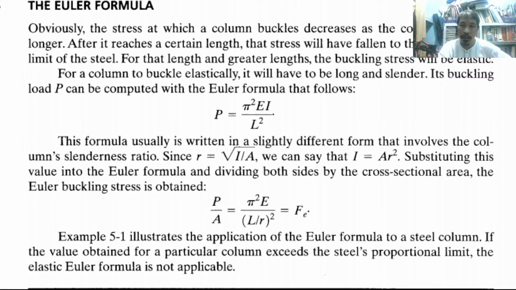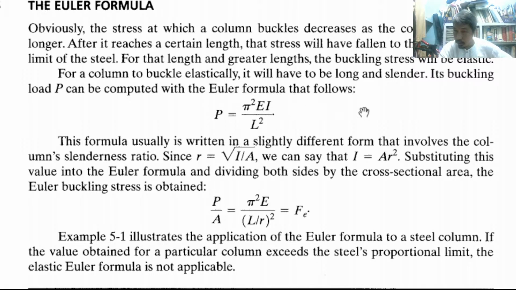That is quite logical; it could easily fail if the column is longer. For a column to buckle elastically, it will have to be long and slender. Its buckling load P can be computed with the Euler formula that follows.